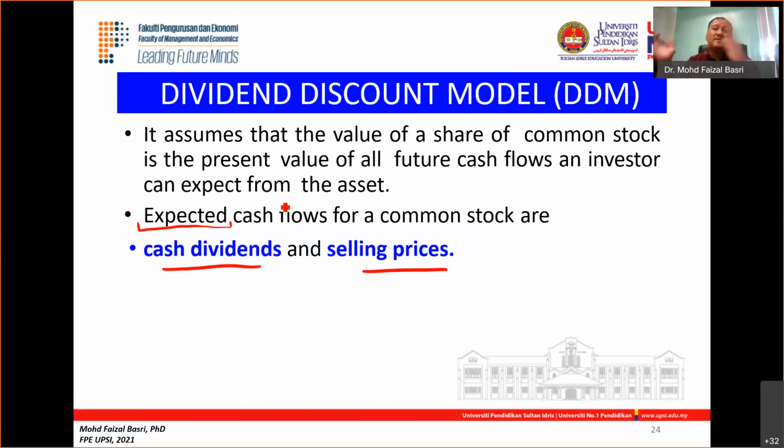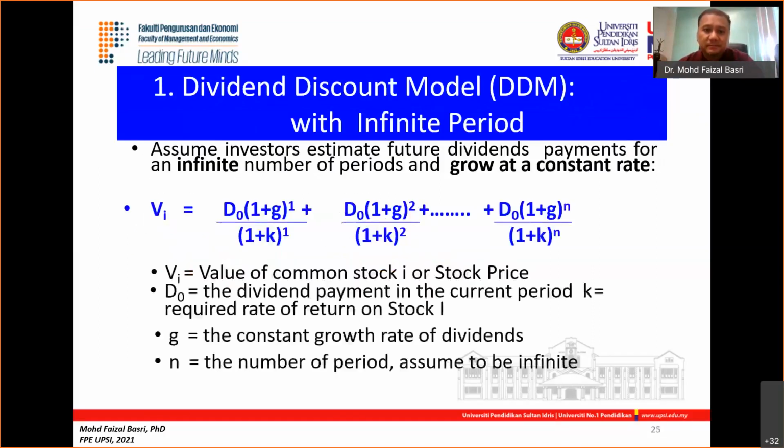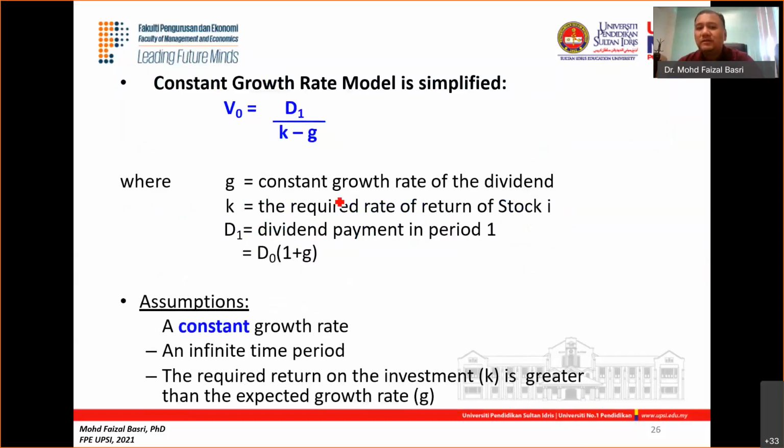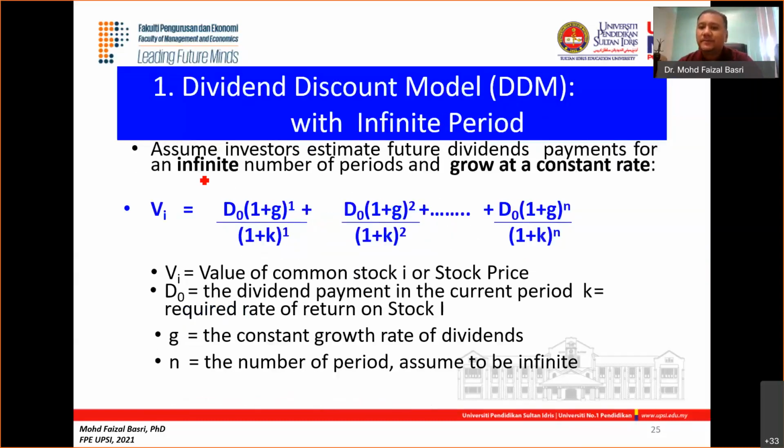We bring everything to today's value together with the selling price. And the sum of all values will be the intrinsic value. We need to add all of those to become the intrinsic value. And then we compare that value to the market price.